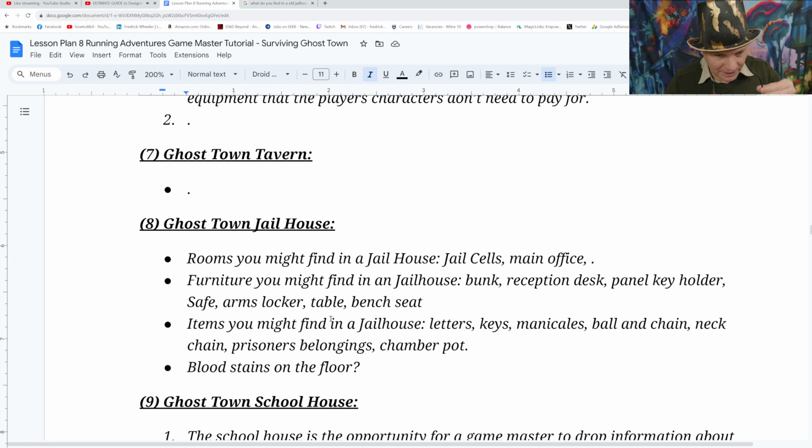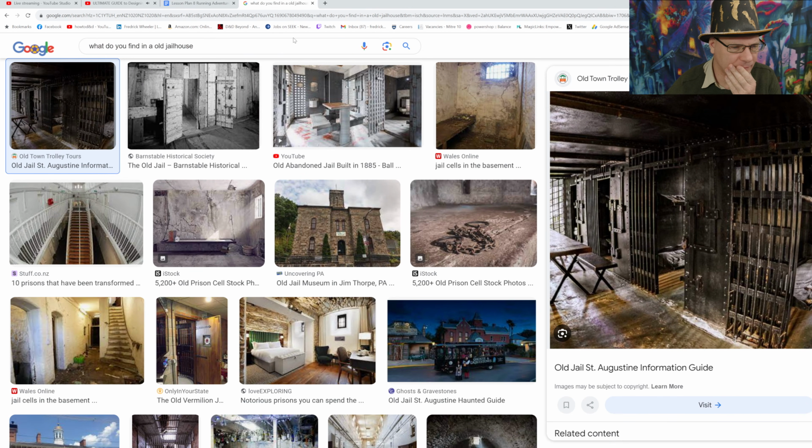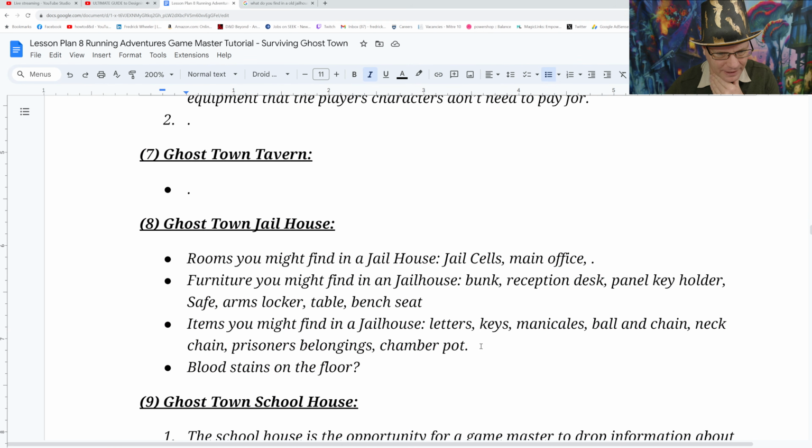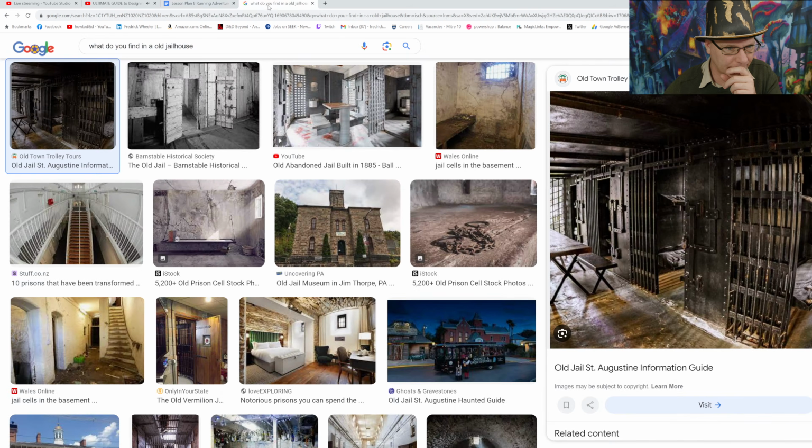Let's have a look at a couple of other things here. Jailhouse. Blankets. You might have some old blankets. We forgot about that. They might be rotted by now. They might not. Quite likely they are. Next.